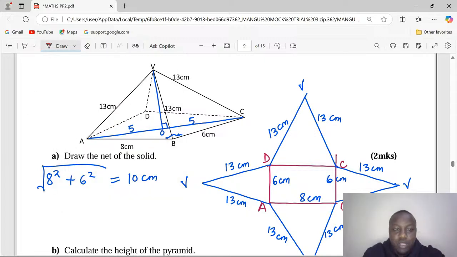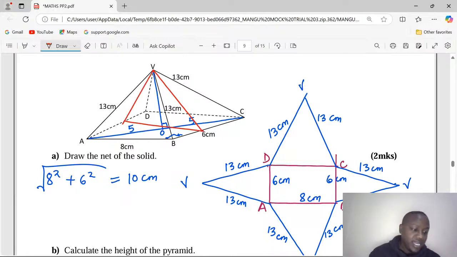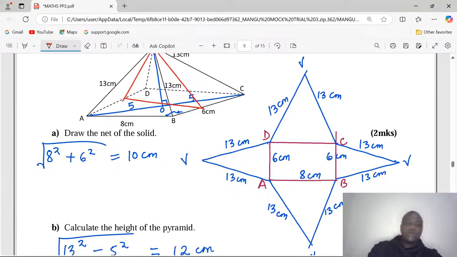From V to the mid of BC, and again to the mid of AD, then back to V. That is the line in red, the line that we are talking about.